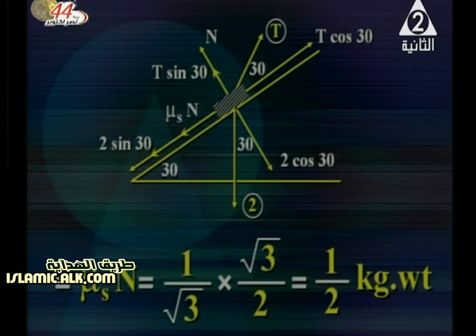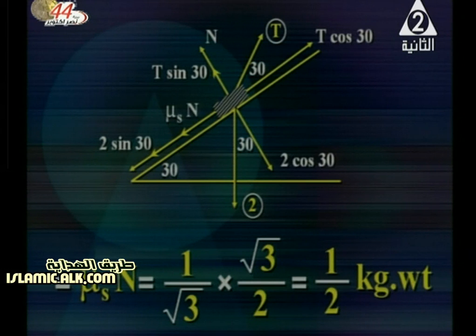Dear student, what do you deduce? Mu Sn equals 1 over 2. Is this static friction force more than or smaller than F? Smaller than, because the body is moving upward. When the body moves upward, the static friction force is smaller than F. Then T cosine 30 is more than mu Sn, then the body moves upward.